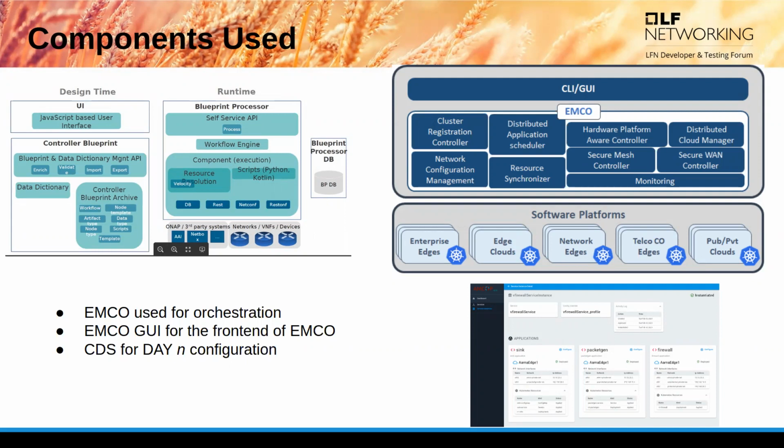In addition to that, we had CDS, which comes under the ONAP umbrella. And from there, we are able to create a CBA that can do day-N configuration for the Magma controller. We'll go into more details as we go to the recording, but at a high level, as part of the configuration, we were able to set up keys and hardware keys and IDs and all onto the controller.